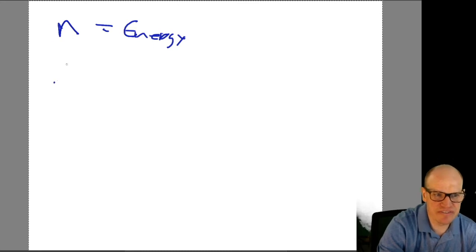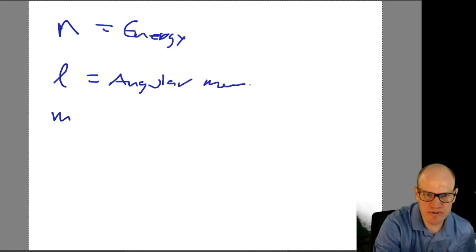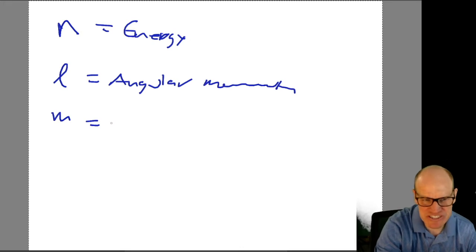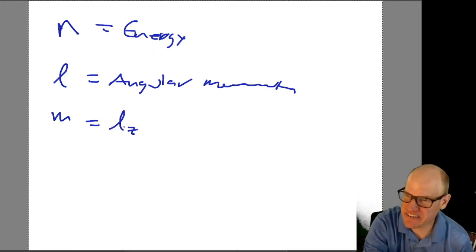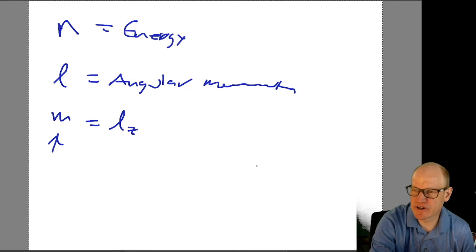And then you have the L and the M quantum numbers. These are the angular momentum, and M is called the Z projection, L_z, the angular momentum projected onto the Z axis. But this actually corresponds to how many bumps you have around the azimuthal direction.